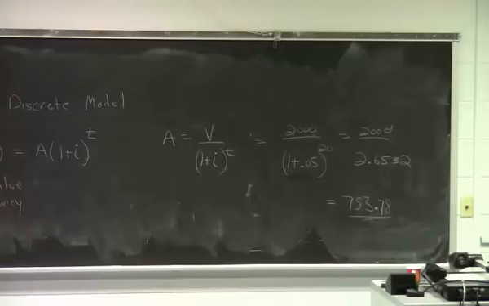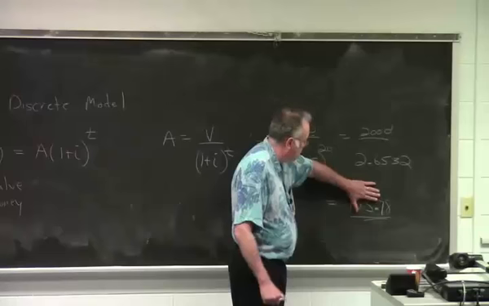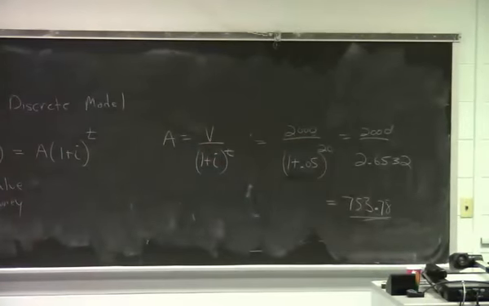Michael? 2,000. Now, there may be a little bit of round-off error there, but ignoring that, $753.78 should be worth $2,000 at the end of 20 years.